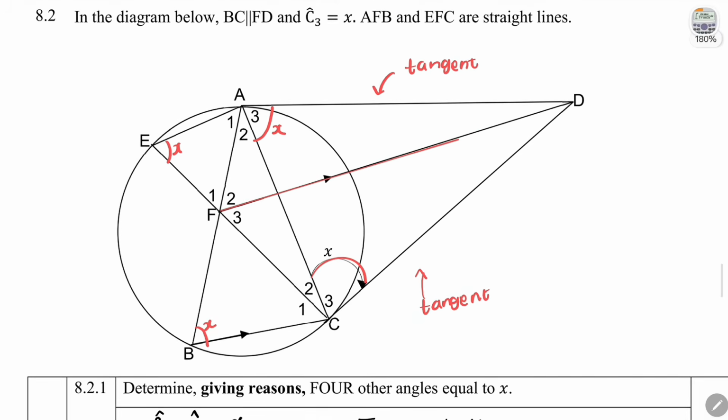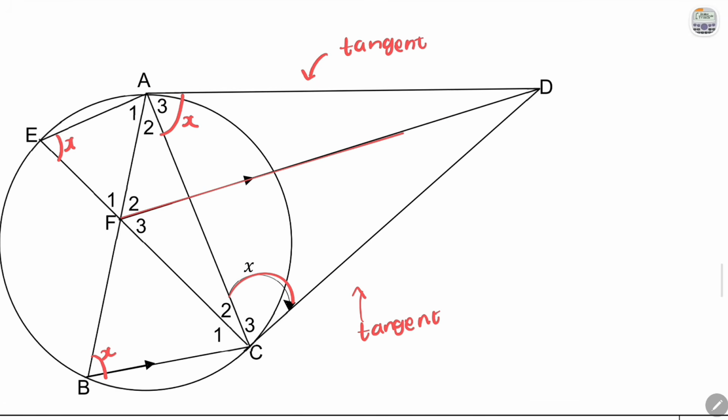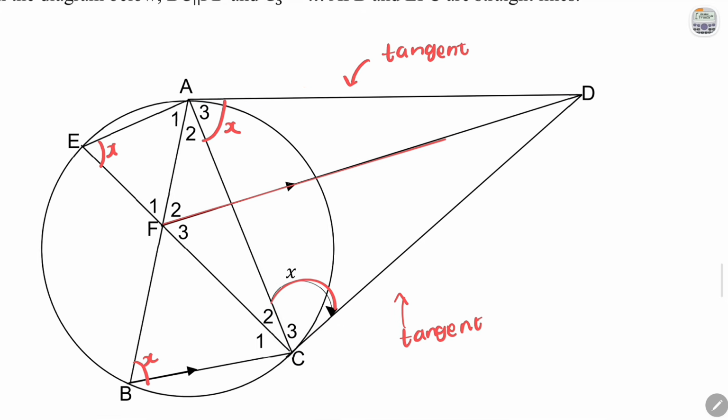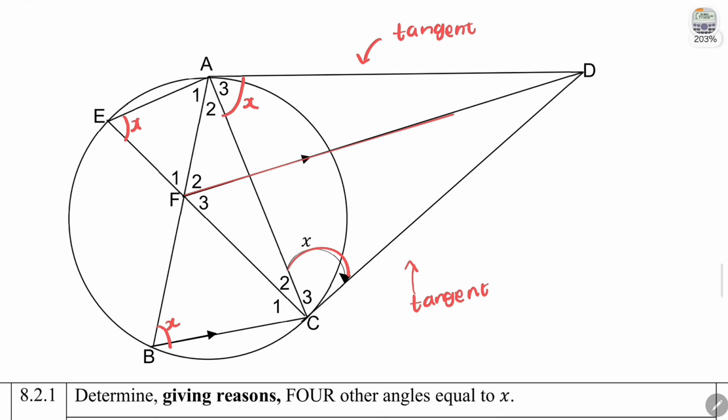Now, what other angle would be equal to x? Okay, so we've used the tangents. We have used the tan chord theorem, so that's still using the tangent. And how else? Remember that we were given parallel lines. So these two lines are parallel. What can we find with that?